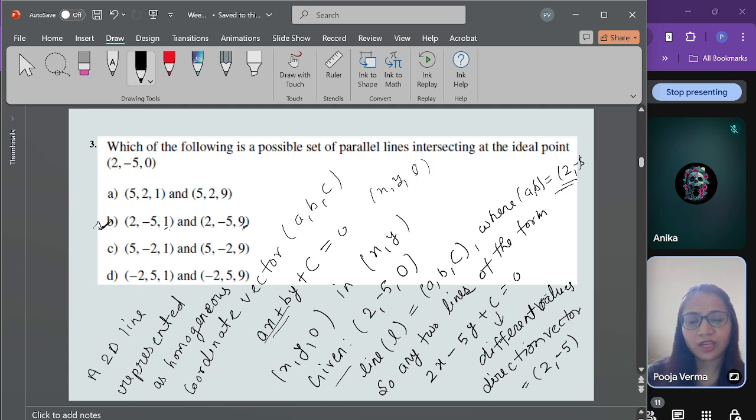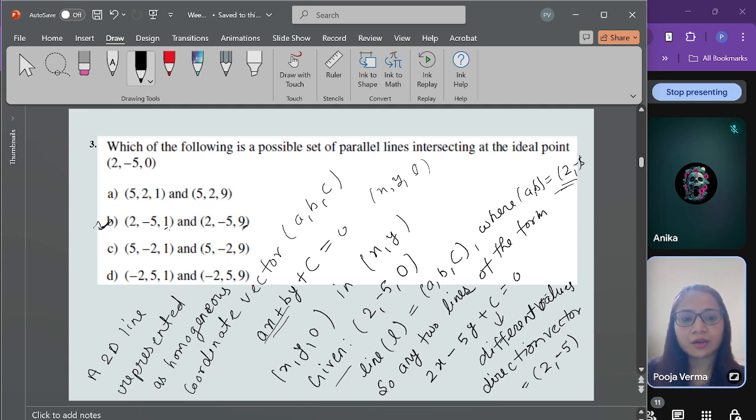If they are at infinity, then x comma y comma 0, and they can have a scalar multiple, as we have already seen.